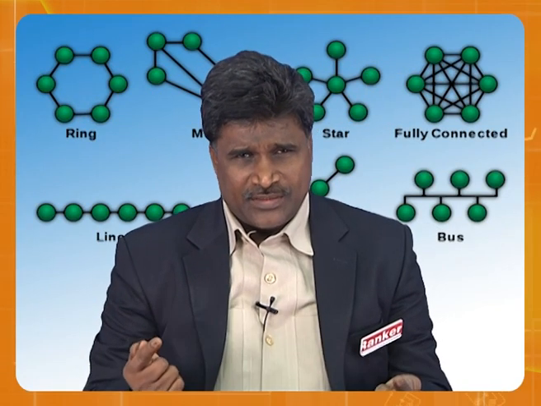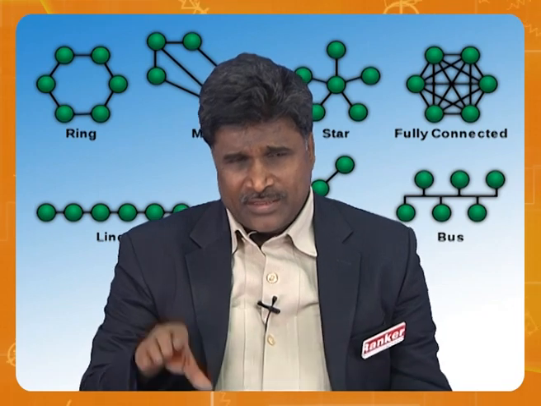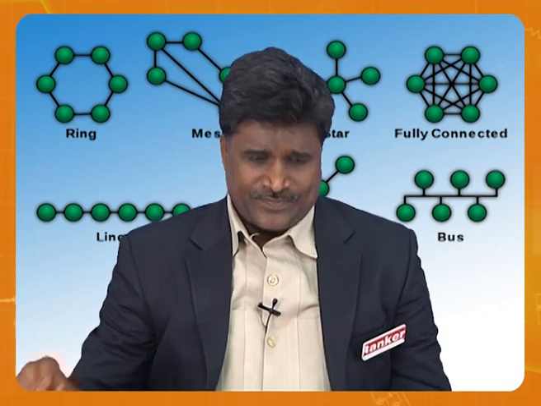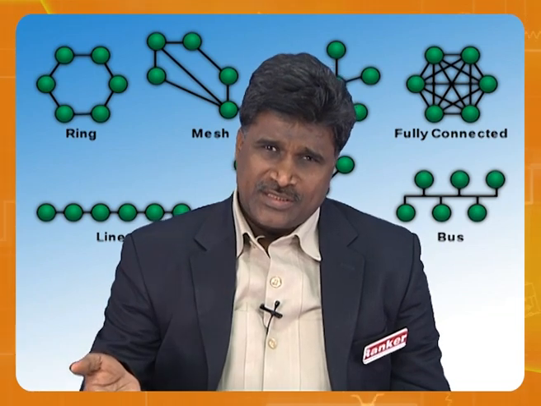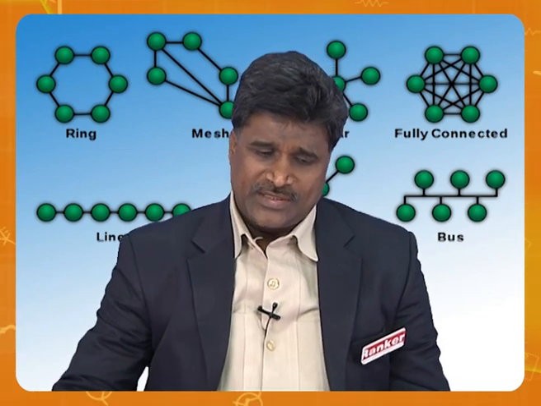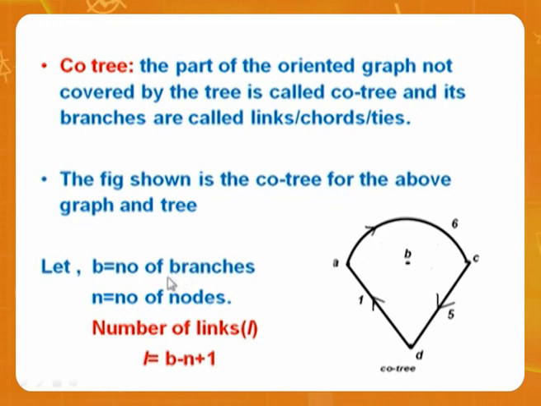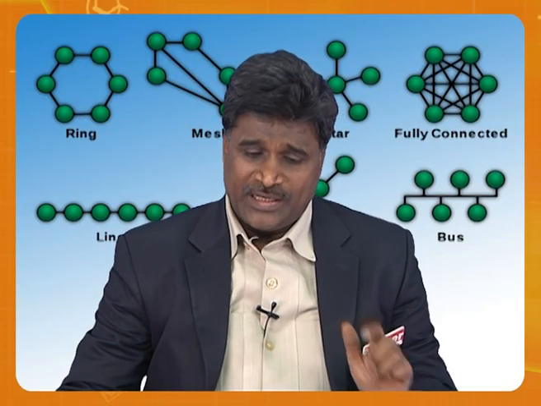Suppose you have a tree, and the remaining elements are called links. Whatever is not a tree branch is a link branch. For example, look here. If the number of branches is b and the number of nodes is n, the number of links is b minus n plus 1. This is the equation for the number of links.